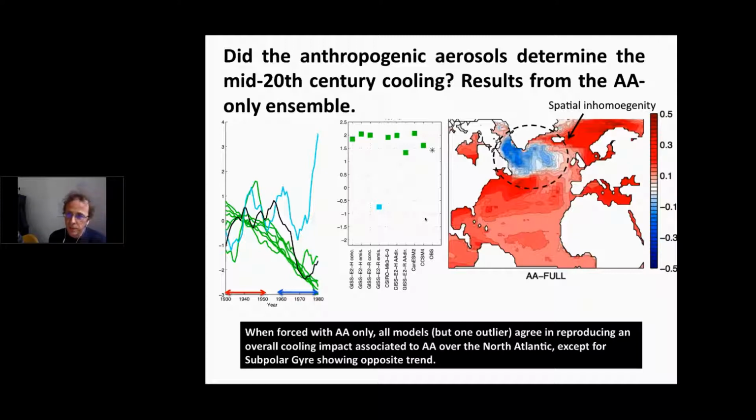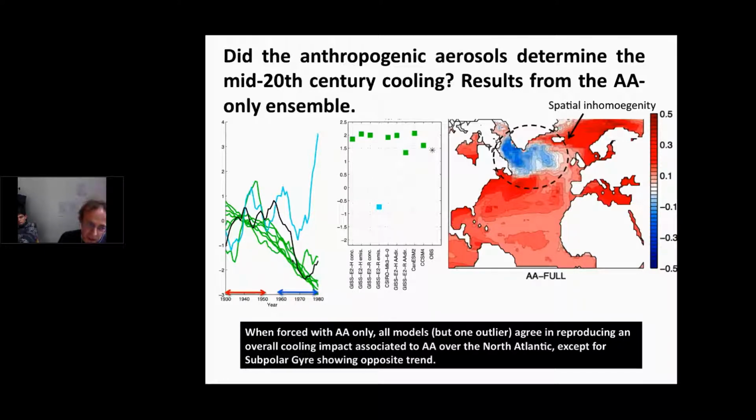And we know that the radiative forcing associated with anthropogenic aerosols is by and large a cooling. It has a negative radiative forcing. And therefore, what you see consistently is that most of the models, with one outlier exception, which is this blue one, essentially reproduce a cooling if we only use the anthropogenic aerosols.